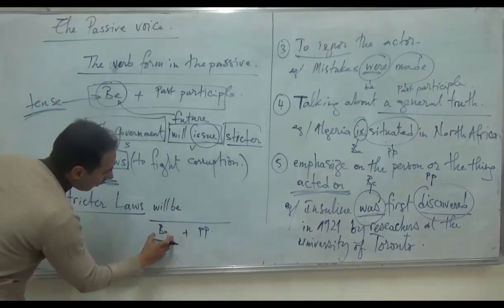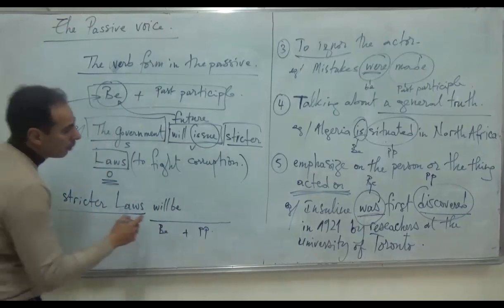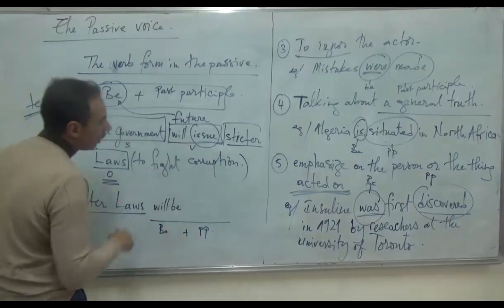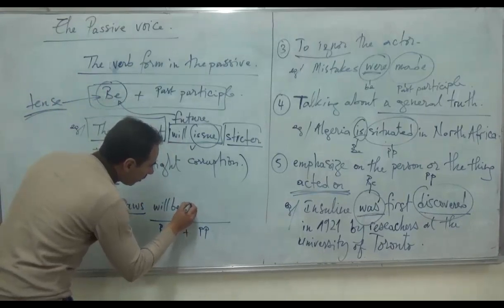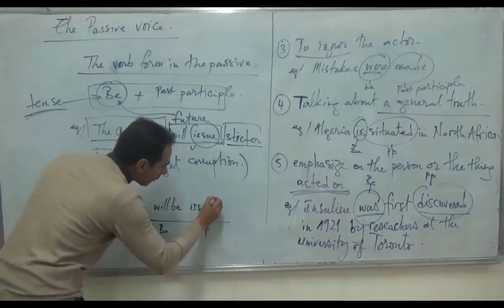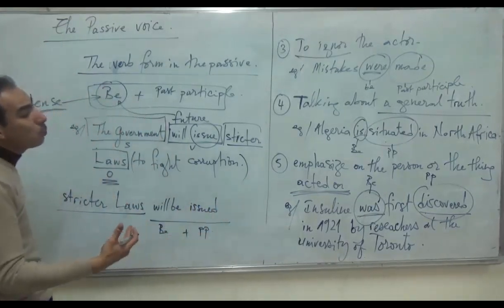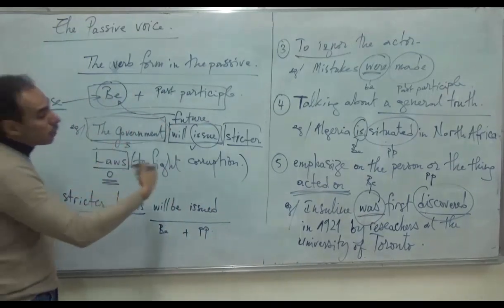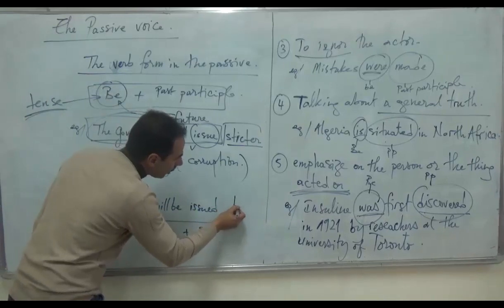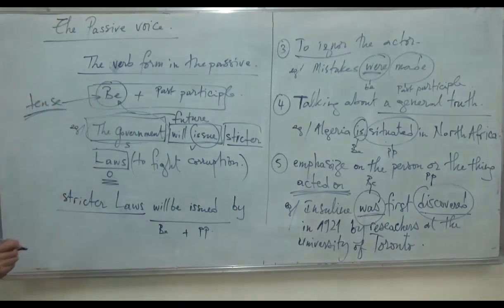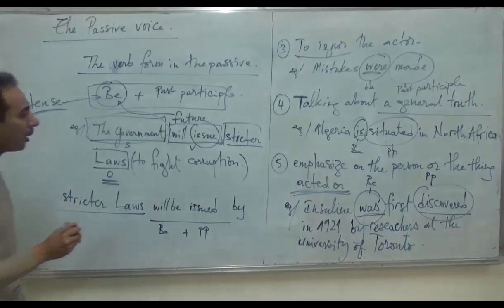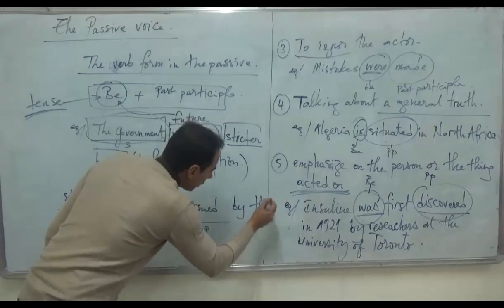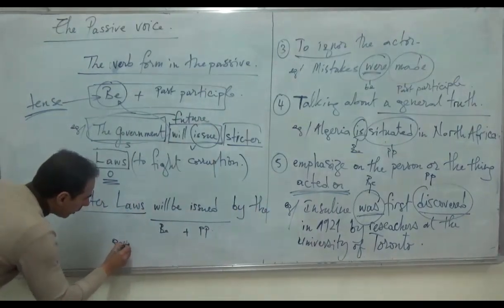Here we have the future of the verb to be, plus the past participle of the verb to issue: will be issued. And then, if you want to mention the actor, the doer, you could add it using the preposition by: by the government.